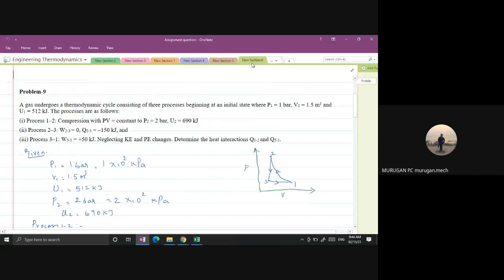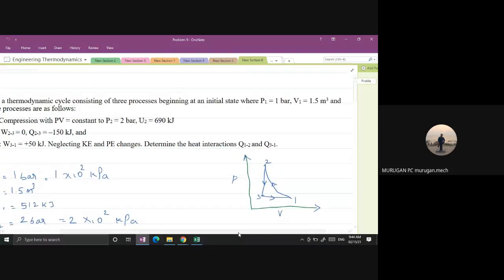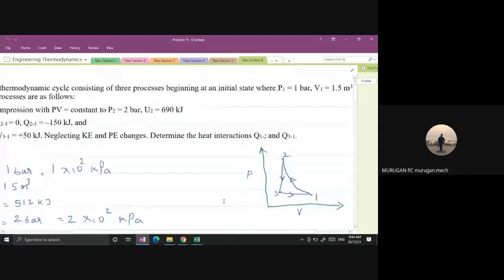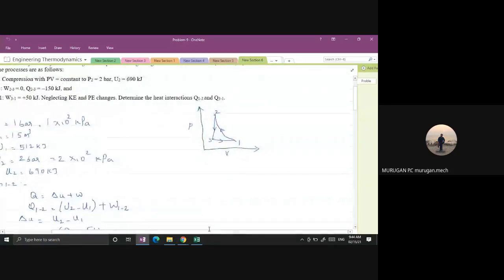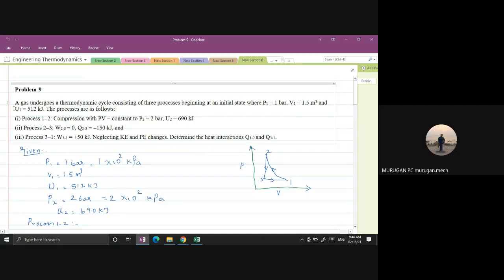Take down this question. Question மட்டும் எழுதுங்கப்பா. தெரியுதா? Is it clear? Yes, sir. Please take down the problem alone. Question மட்டும் எழுதி வைங்க. We can continue it in the next class.